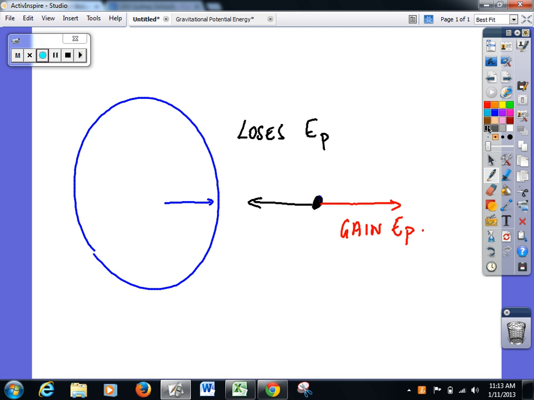As it moves from here to here, it will lose gravitational potential energy. And what will it naturally gain as a result? It gains kinetic energy. Okay? This is a natural movement. Natural movements are natural because there is work being done, but this work is being done by the actual planet's gravity. Okay?